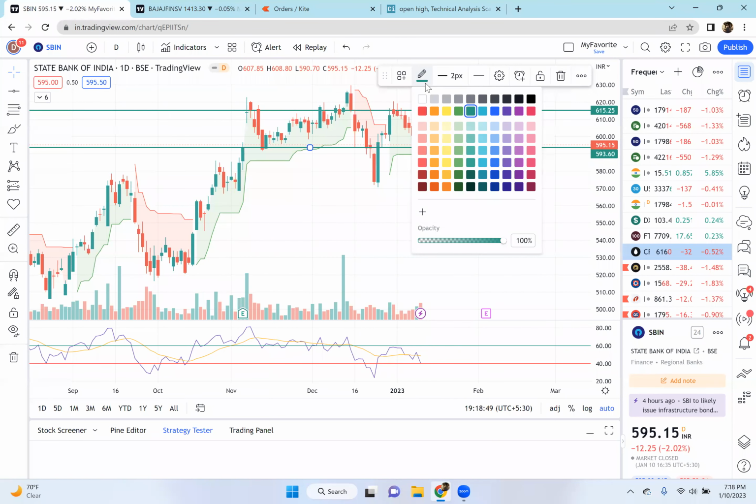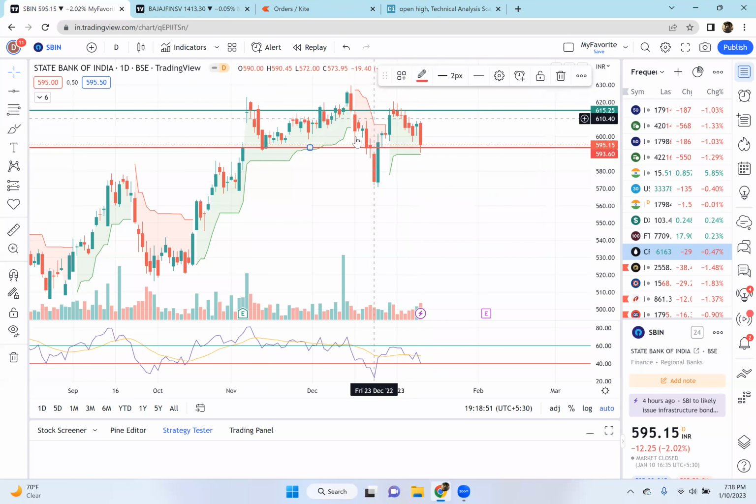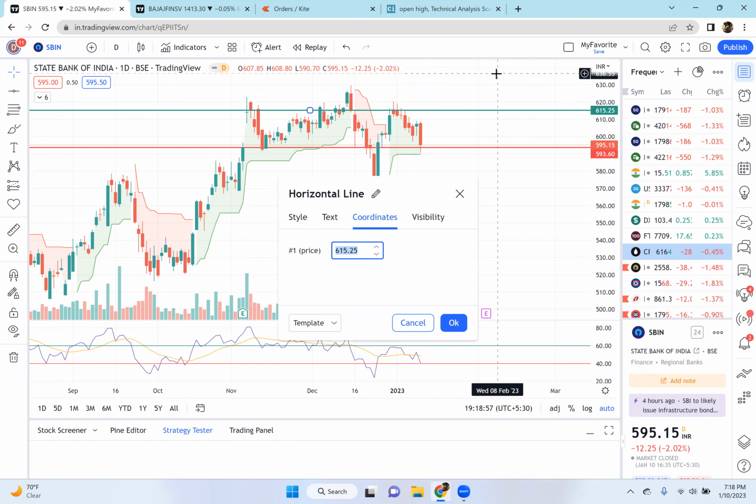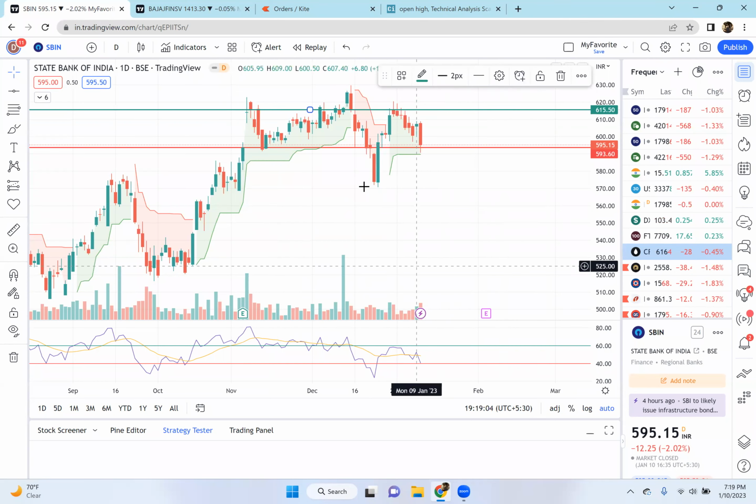Let me mark it with red. And the high of this candle is 615.5. So now we have marked the high and low.